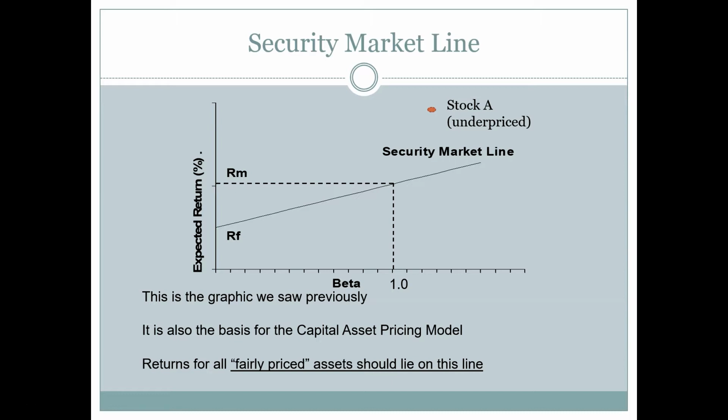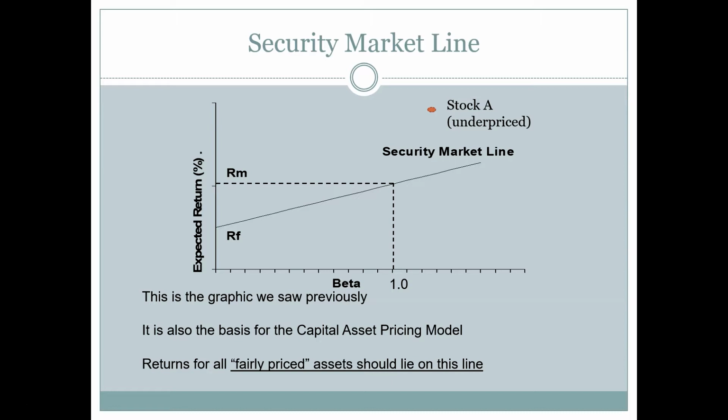Okay, so I have a stock that has the same risk as something on the line, but has more expected return. And that means that everyone would recognize that this was a great deal. For the same level of risk as all the other assets on the security market line, I have a higher expected return.